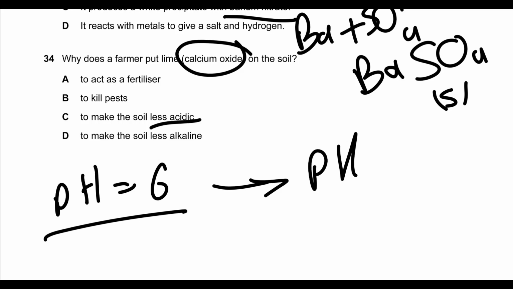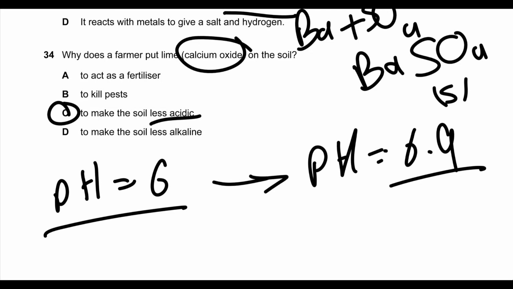Maybe the pH will be 6.9, which is very close to neutral. To make the soil less alkali? No. We are adding the calcium oxide to make the soil less acidic, which is C.